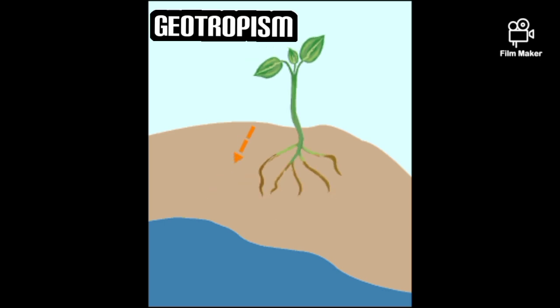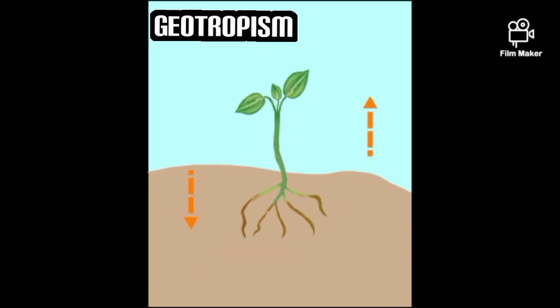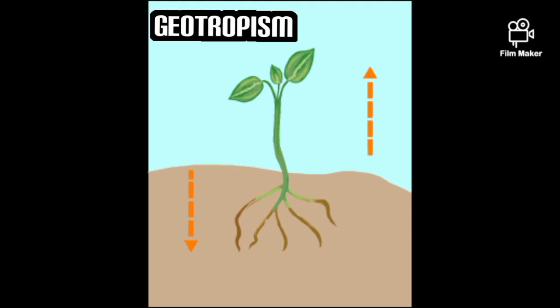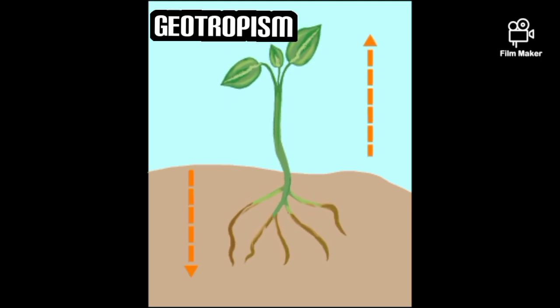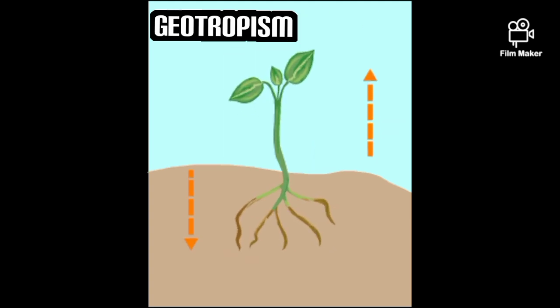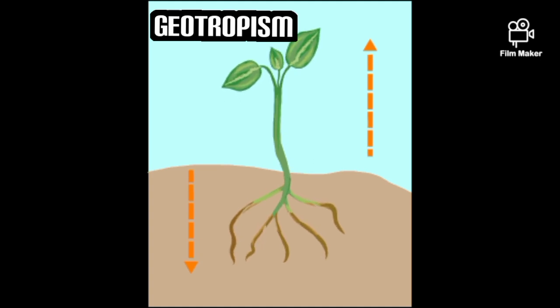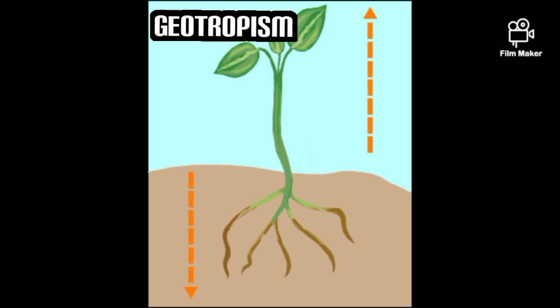Let us examine geotropism. Geotropism is the unidirectional growth movement of plant parts to the stimulus of gravity. We all know that there is a force of gravity acting from the atmosphere on every living thing on earth. Plant parts respond to this stimulus by growing either away or towards the force of gravity.